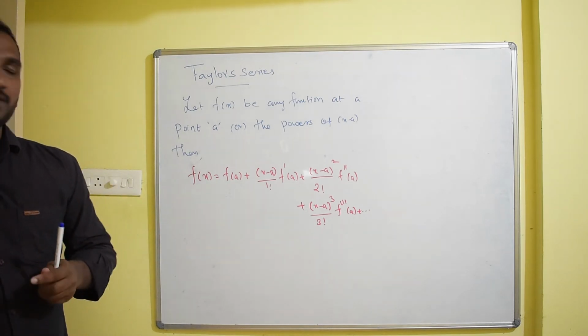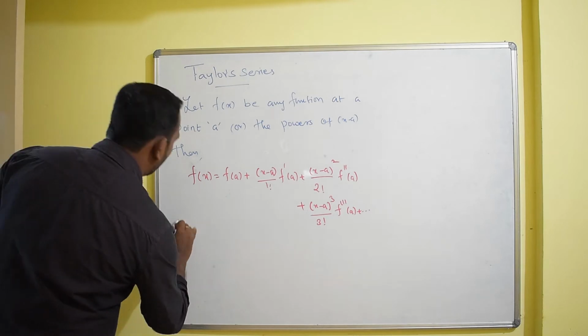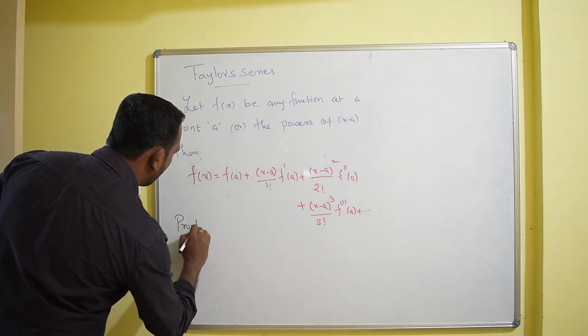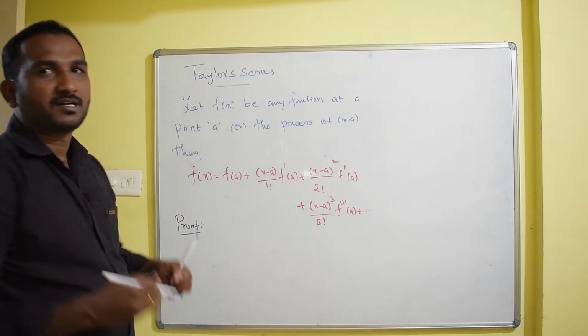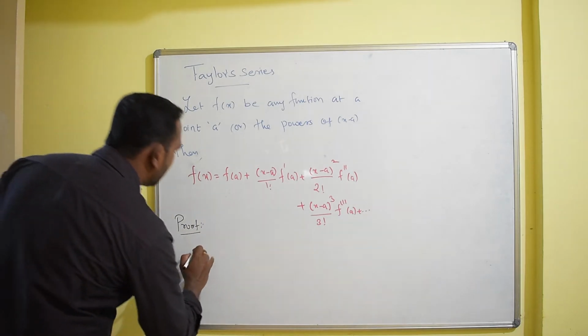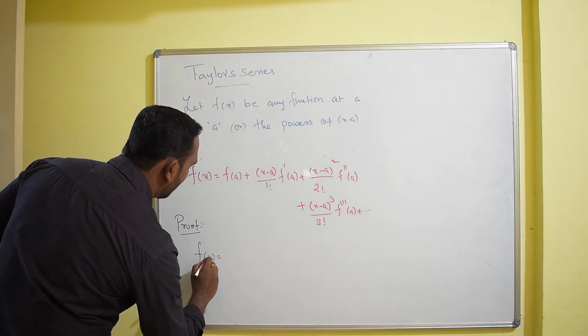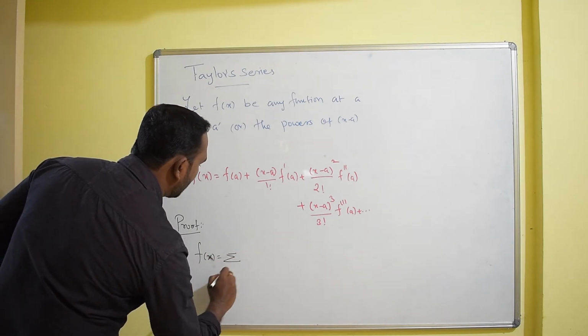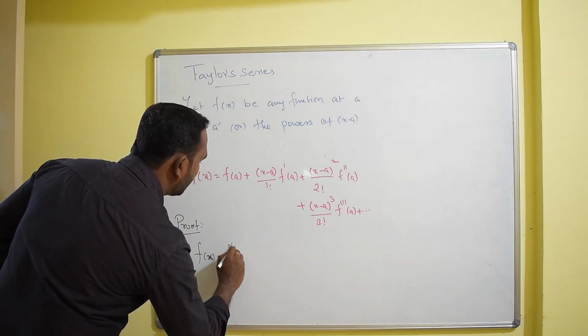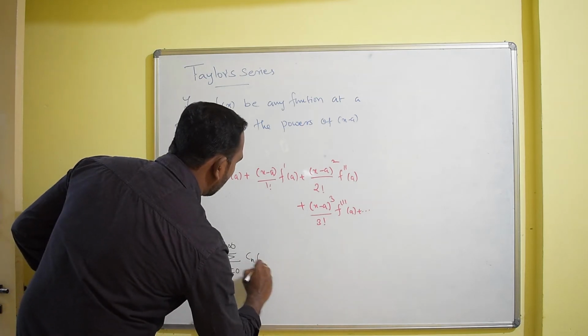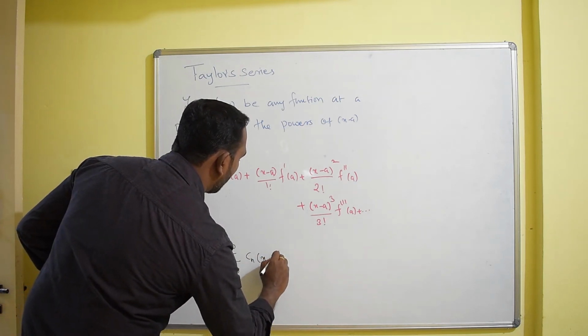Now we want to prove this. For that, I am going to consider a polynomial: f of x is equal to the sum from n equals 0 to infinity of cn into (x minus a) whole power n.